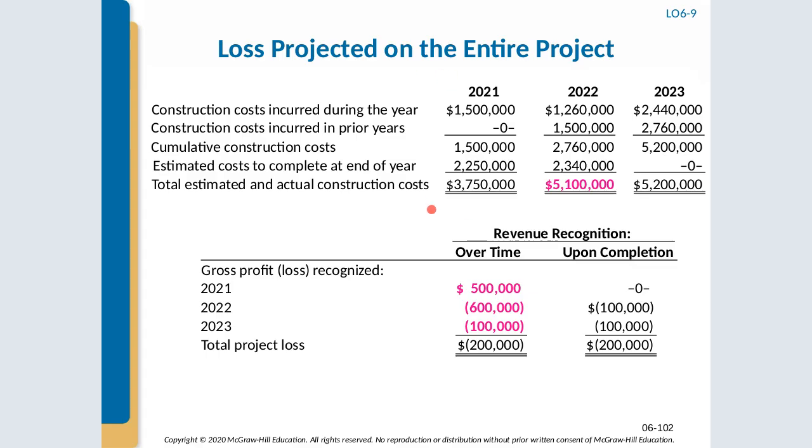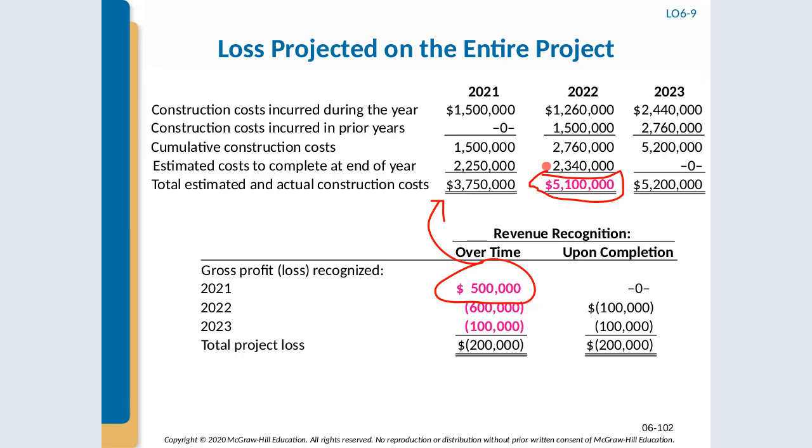So we know that we're going to recognize a gross profit. I think it was 500,000, right? It's here. We recognized a gross profit of 500,000 in 2021. That calculation was done in previous slides. Now note 2022, we are estimating and actual costs are 5.1 million.